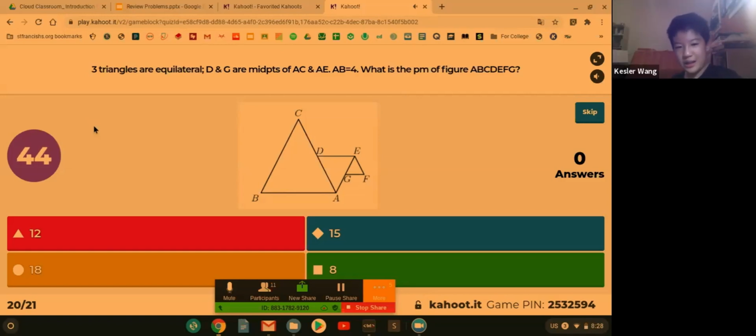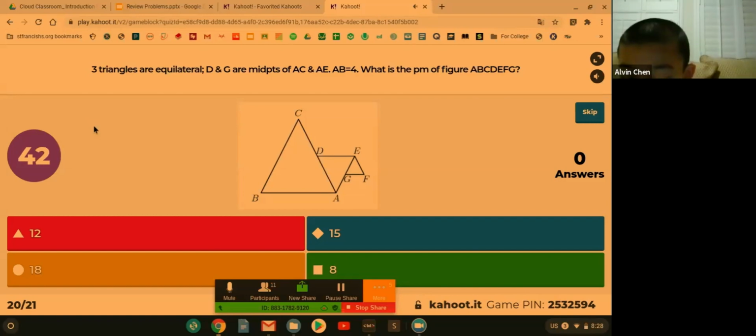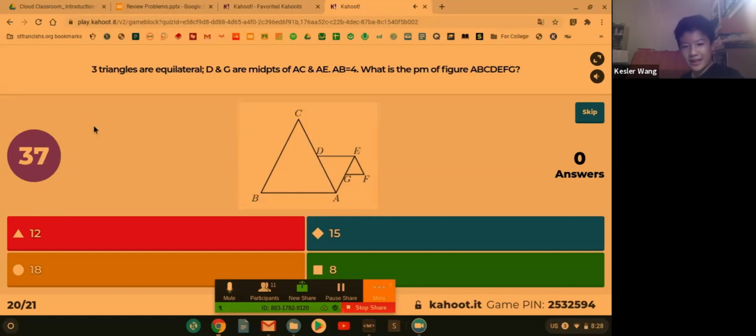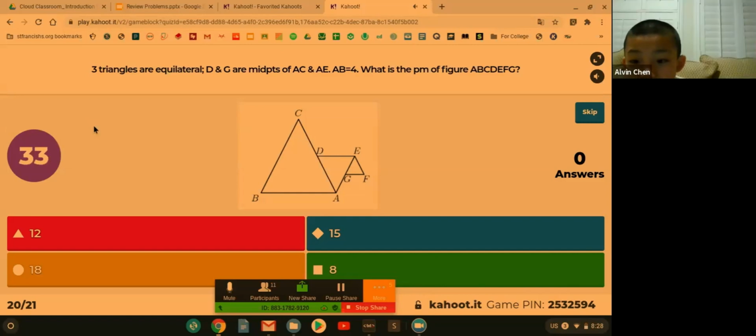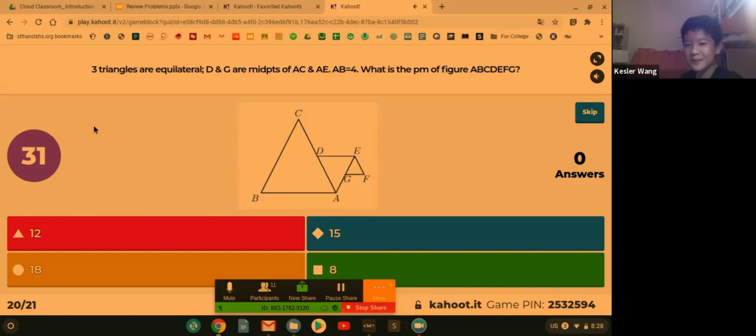Wow, I don't know. How do you not know? Wait a minute, this is equilateral. So boom, boom, boom, boom, boom.